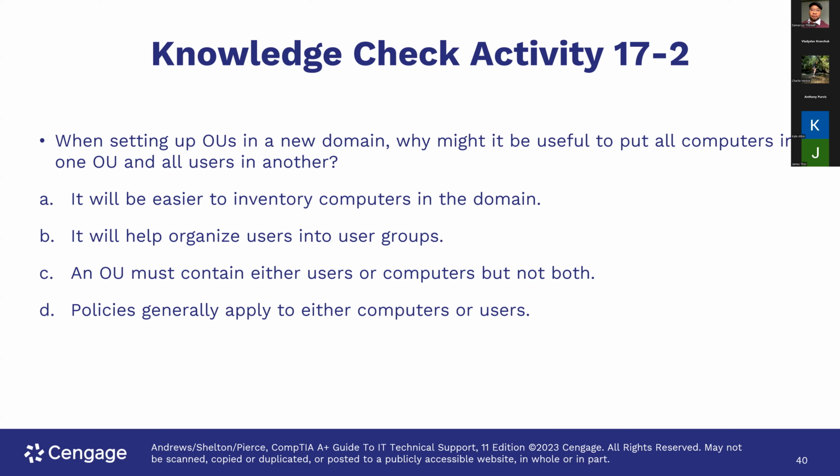Why might it be useful to put all computers in one OU and all users in another? Here it says it will be easier to inventory computers in the domain. It will help organize users into user groups. An OU must contain either users or computers, but not both. And then policies generally apply to either computers or users.